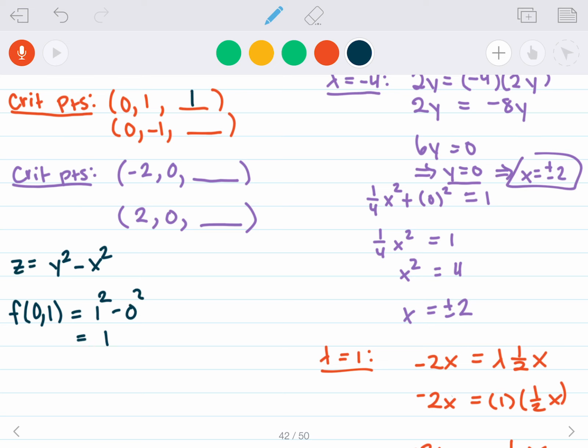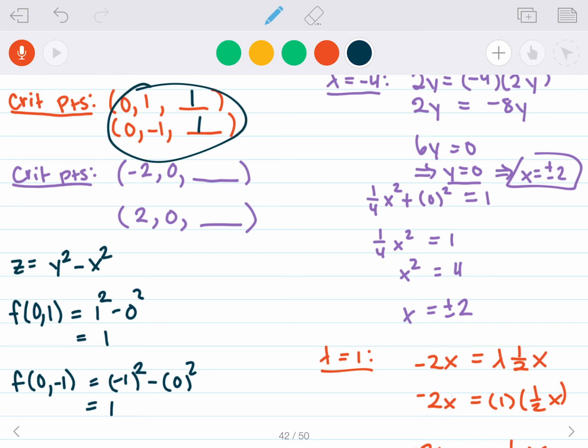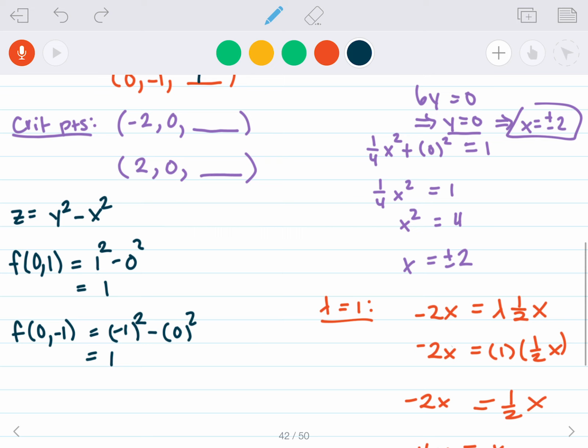So that guy is 1. If I do f of 0, negative 1, I get negative 1 squared minus 0 squared, again, is 1. So these are going to either be the max or the min. We're not sure. But what's going to tell us is this next part, right? And then we'll use process of elimination.